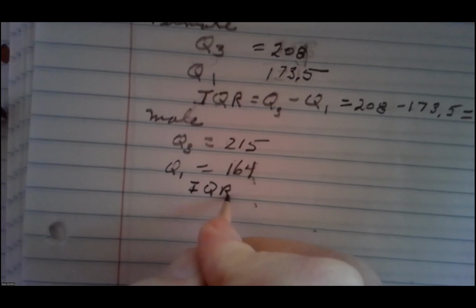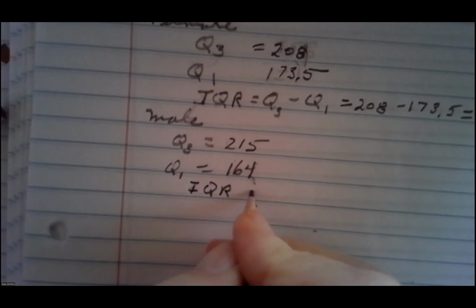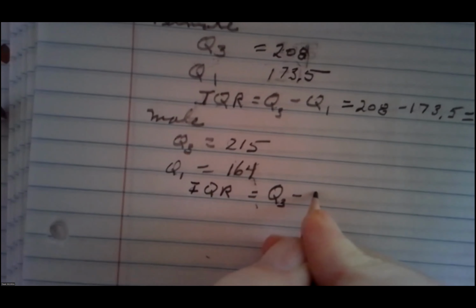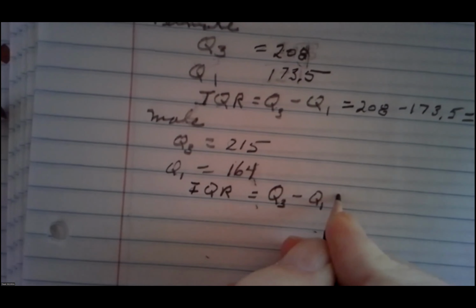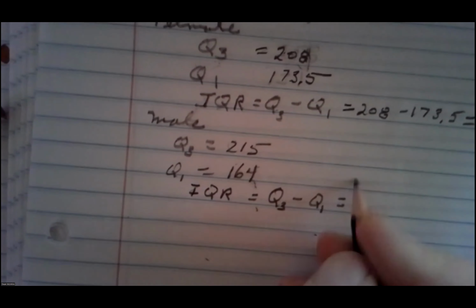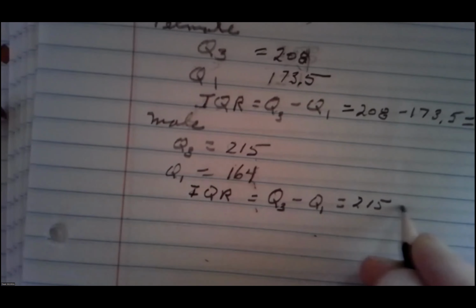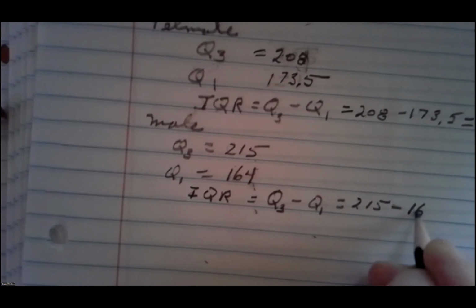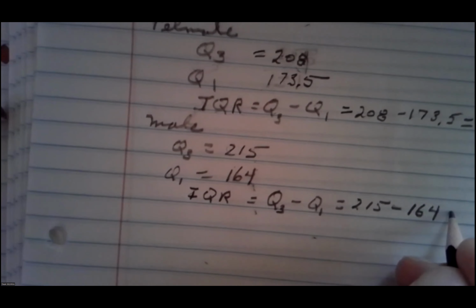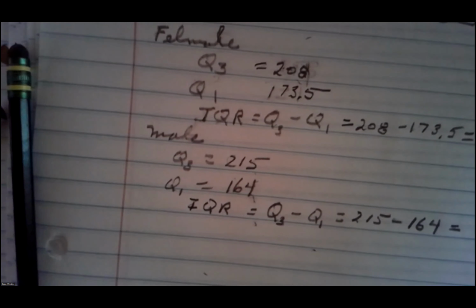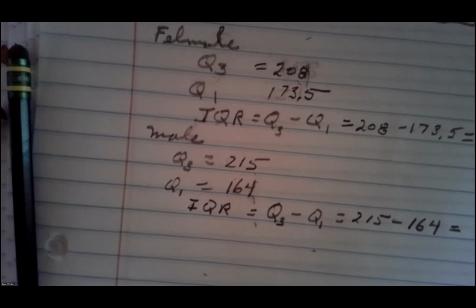Now, for the male. IQR, which is the interquartile range, is equal to Q3 minus Q1, which is equal to 215 minus 164.